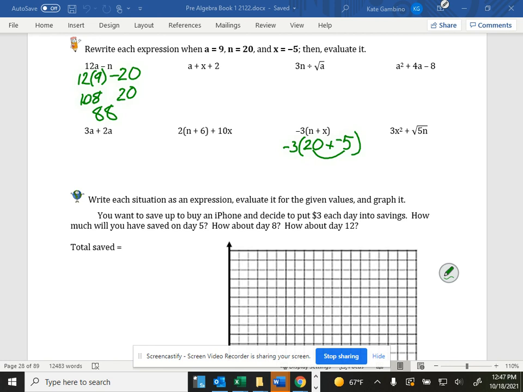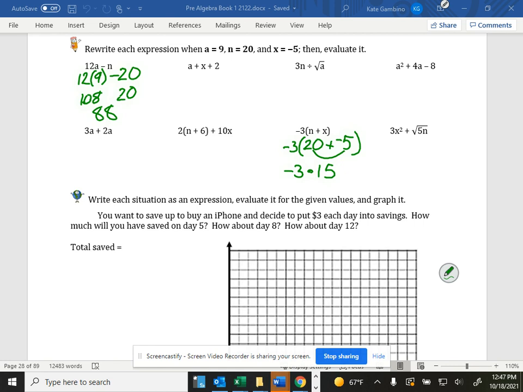Yeah, it's going to be a positive 15, because if we're at 20 and we're adding a -5, we have to go to the left on the number line. So we're at 15. So now we have -3 times 15.